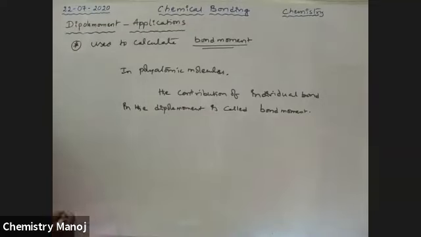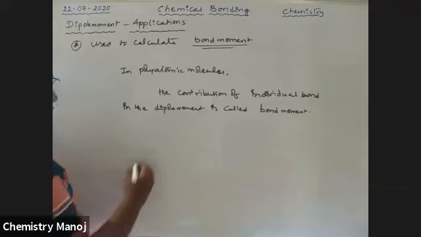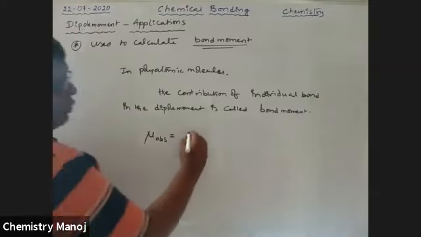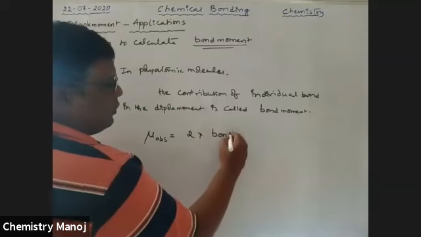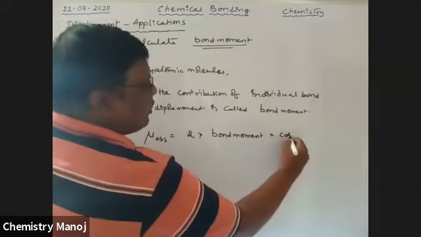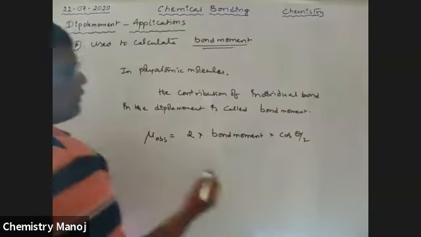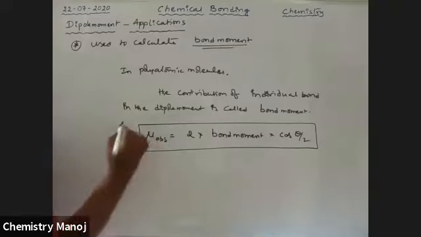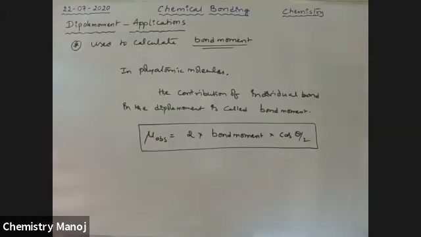According to the concept, mu observed is equal to 2 into bond moment into cos theta by 2. This is the formula used to calculate the bond moment of the component. It is also very, very important.